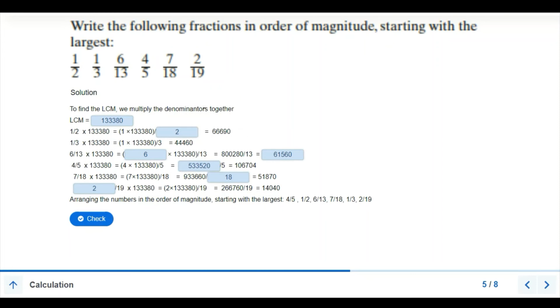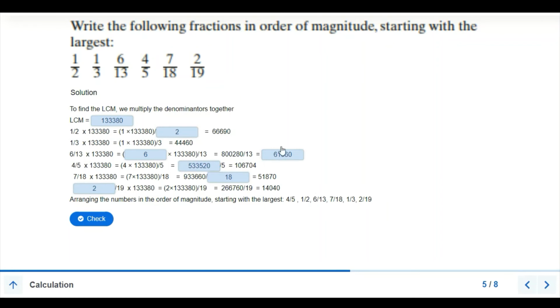So based on this, this is what we are now going to be using to arrange this fraction. We want to check which one is the highest. I think the highest is 4 over 5, so we have 4 over 5 first. Now, after 4 over 5, which one is next? The answer, I think, is 1 over 2. So 1 over 2 is next.